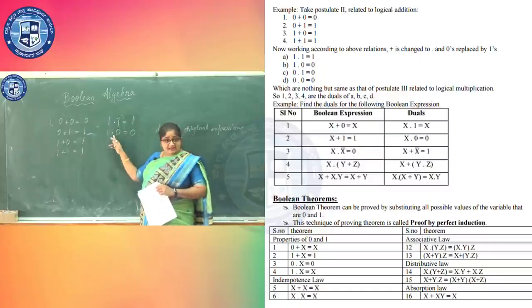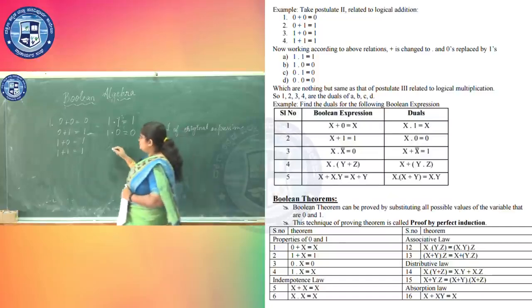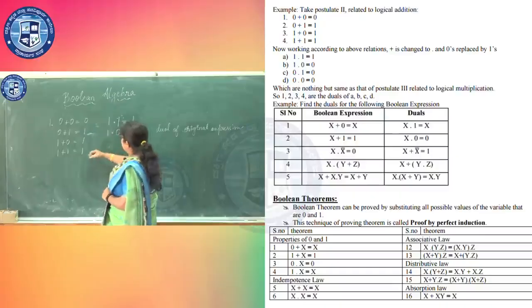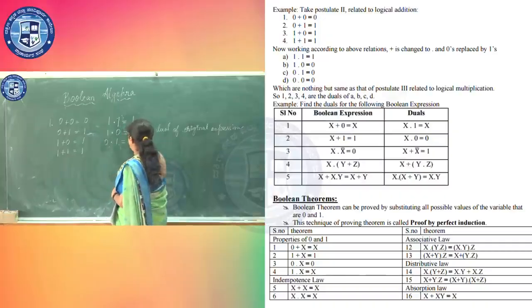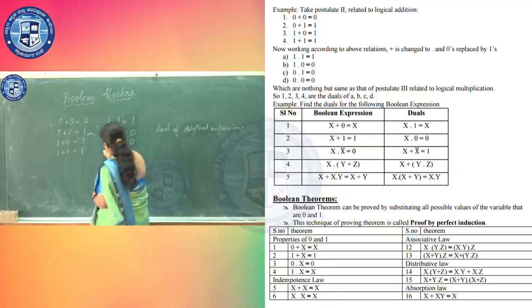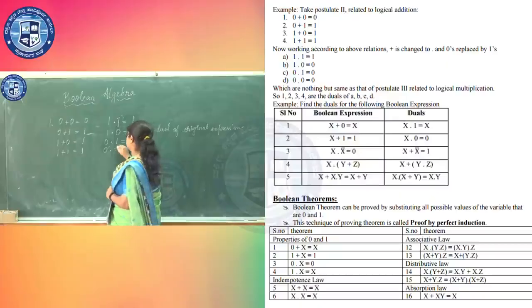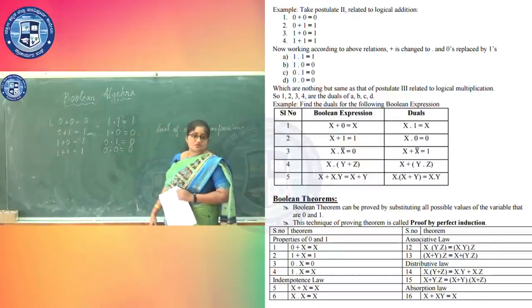I am having and here, but it is 1 and 0. It means the resultant will be 0. Then 0 and 1 resulting to 0. Then again 0 and 0 resulting to 0.